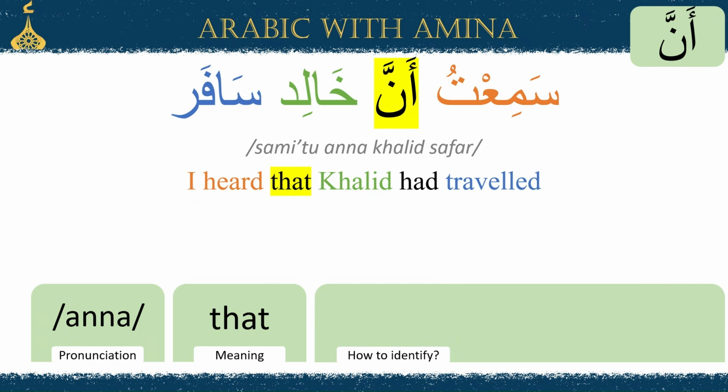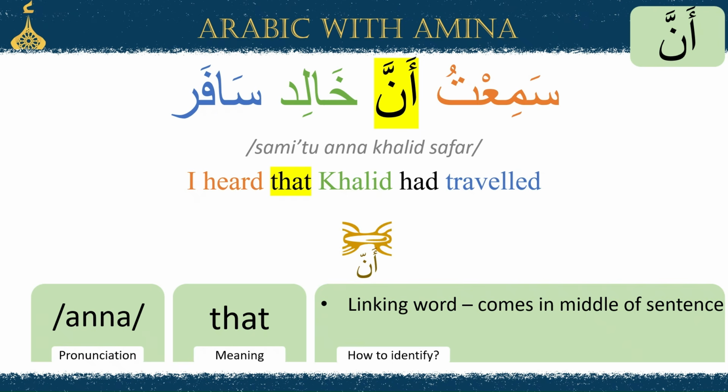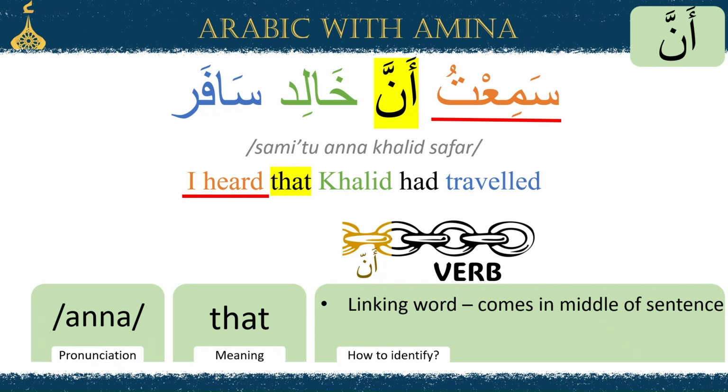So how to identify this particle? Well, I just said it's a linking word. So a linking word is obviously going to come in the middle of a sentence because it's linking something. So if we have anna as the link, what is it linking? Well, it's linking a verb before it, such as in this example, سمعت, I heard.